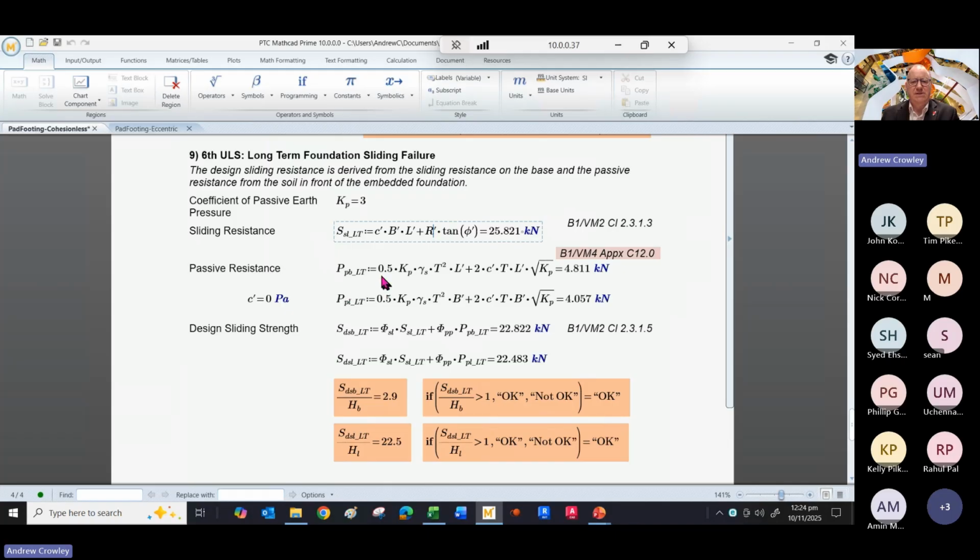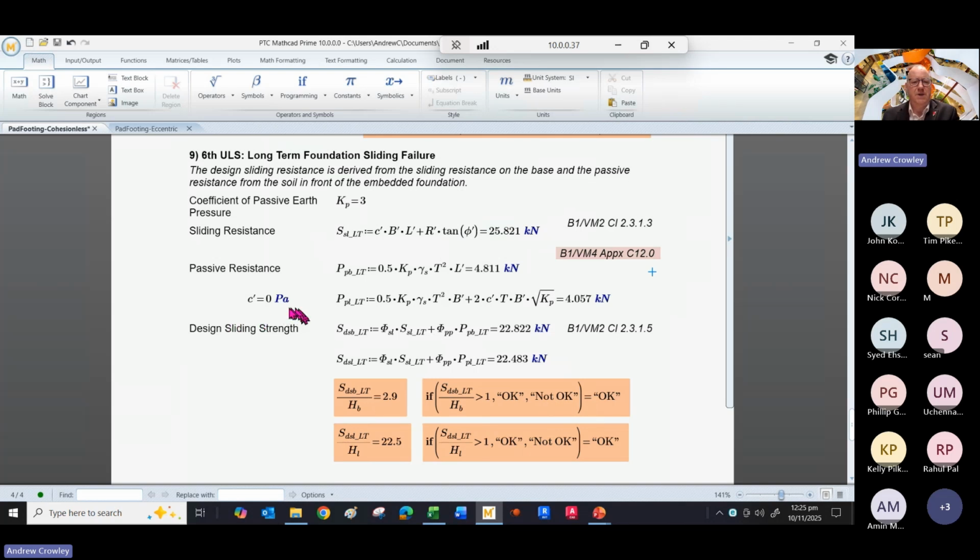Now, passive resistance, you'll notice the first part of that equation is a simple passive resistance against the face of the foundation. There's this extra factor which is taken from the old version, VM4, and it's given in the example. Now, this doesn't appear in VM2, so if you want to be conservative, take it out, and it'll work out as a reduced capacity.